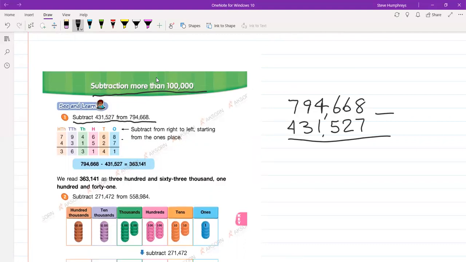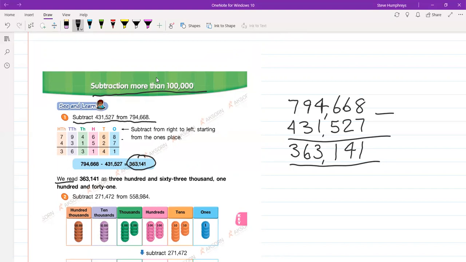Okay, start at the right with the ones column. 8 minus 7 is 1. 6 minus 2 is 4. 6 minus 5 is 1, comma. 4 minus 1 is 3. 9 minus 3 is 6. 7 minus 4 is 3. There's my answer, 363,141. Well, that's the same as in the book.